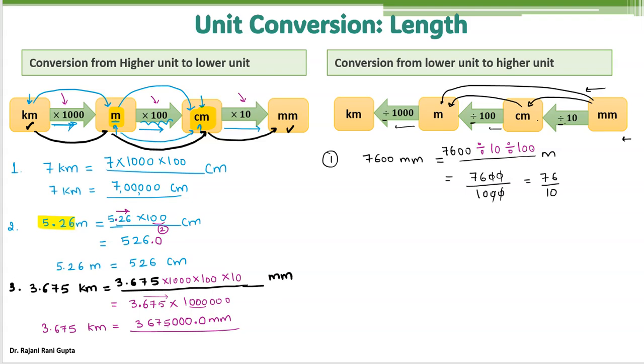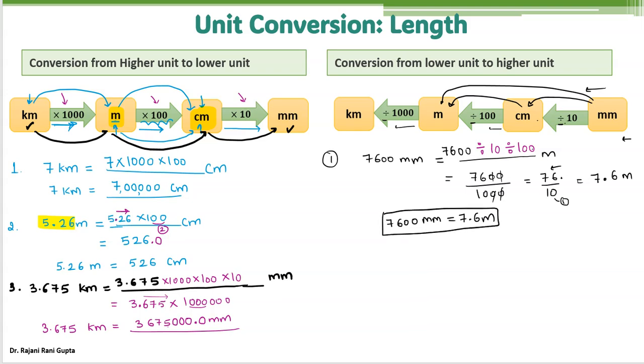At present, as you see, there is no decimal point. It means the decimal point is after 6. So you have to move one place towards the left because there is only 1 zero. So it becomes 7.6 meter. So your answer becomes 7600 millimeter is equal to 7.6 meters.